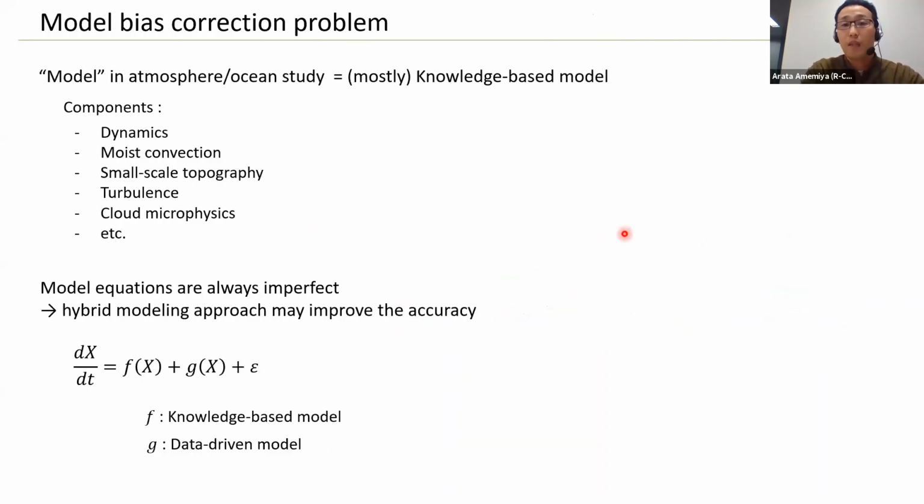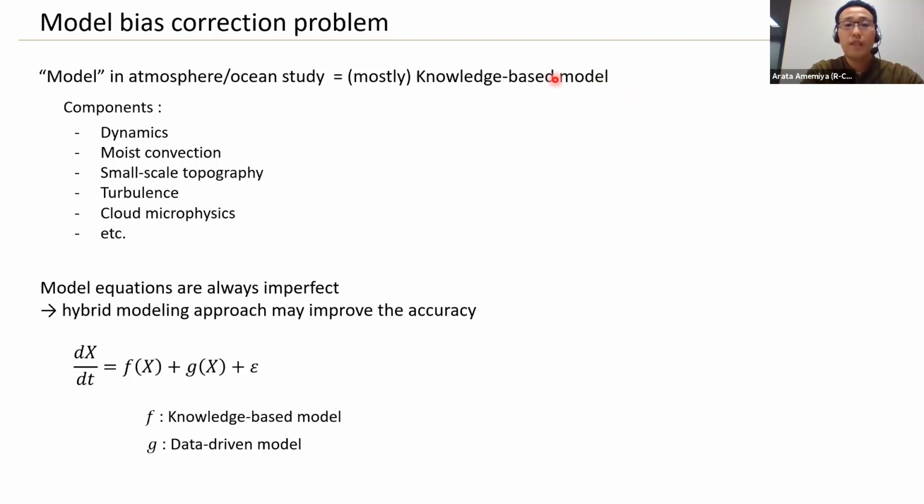Okay, so let's move on to the next section. So far we have been working on the model bias correction problem. In the context of atmosphere or ocean study, model means mostly knowledge-based model with the discretized equations of physical processes.